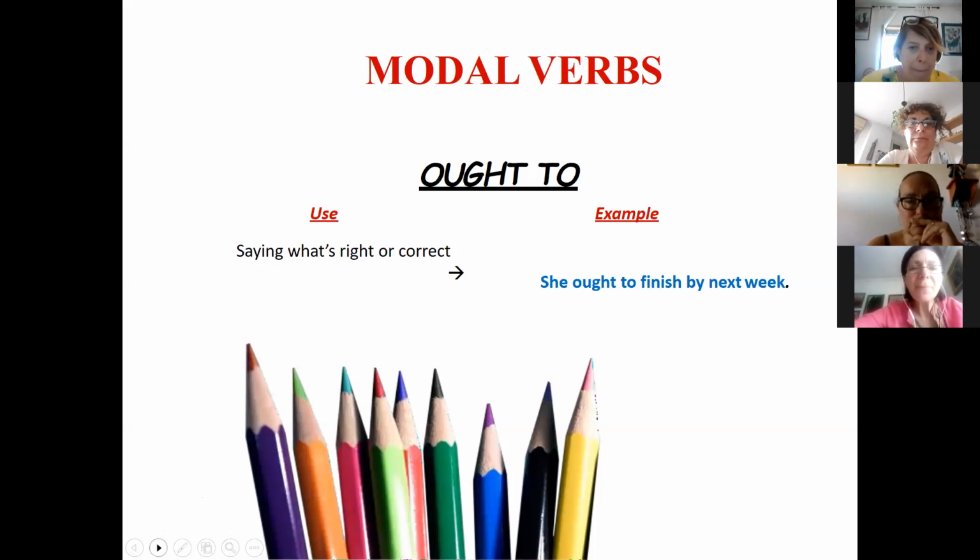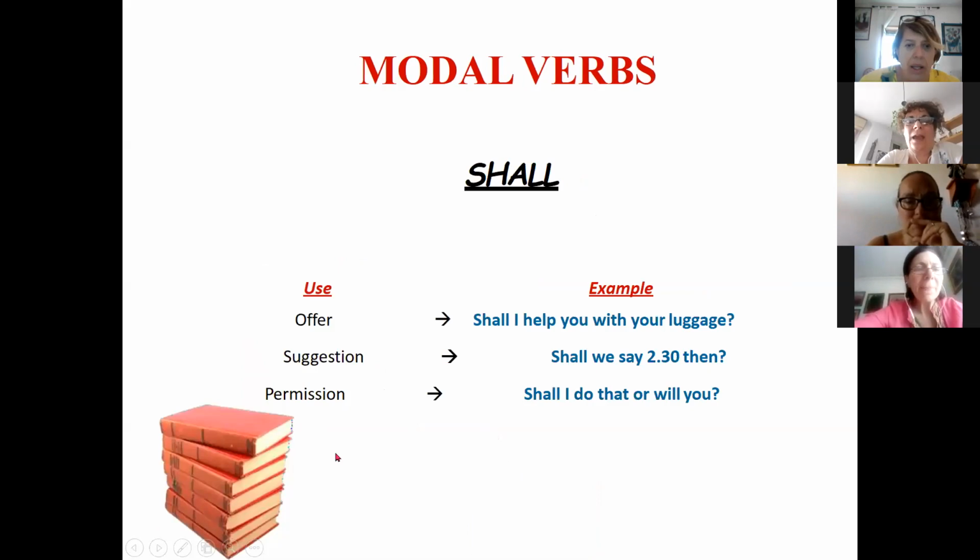Okay, thank you. I don't understand how to use "ought to" when we use it. I always give an example because I think it's the clearest situation that you can even imagine.